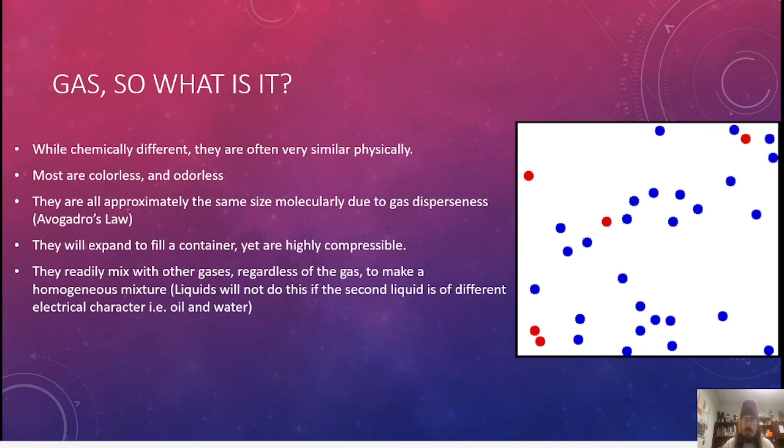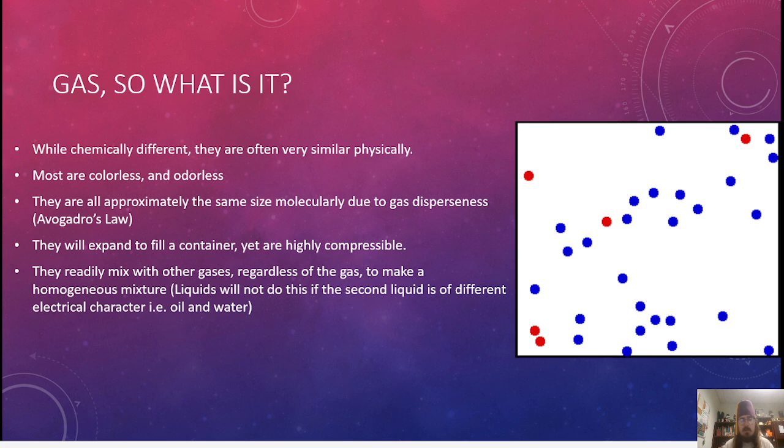Even though the individual molecules may be bigger and smaller, the gas as a whole takes up the same amount of space. Now they will expand to fill any container, yet they are highly compressible. And unlike a liquid, gases will readily mix regardless of the other gas it's mixing with to make a homogeneous mixture.